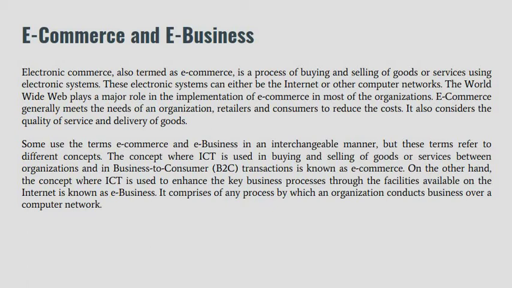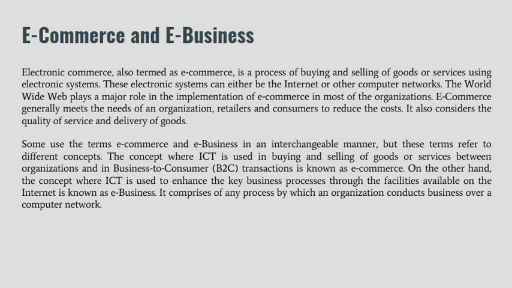On the other hand, the concept where ICT is used to enhance the business processes, so this is a very important term, enhance the business processes, or rather the key business processes, through the facilities available on the internet is known as e-business. So that means there must be certain processes running in a business environment, right?